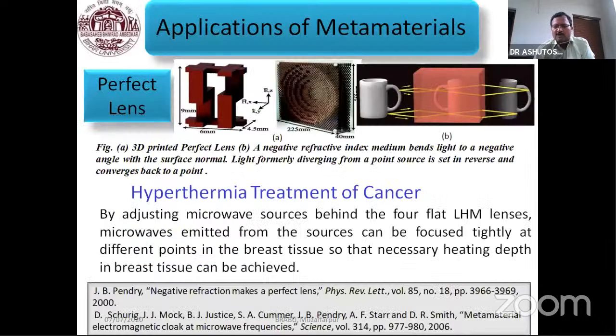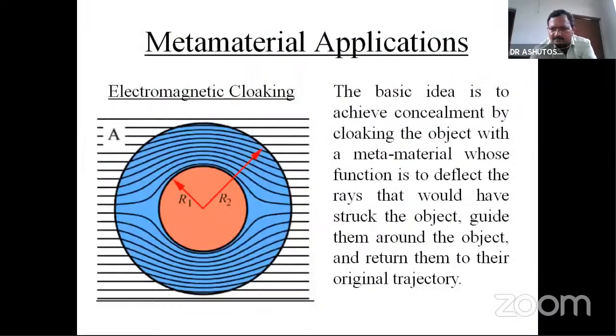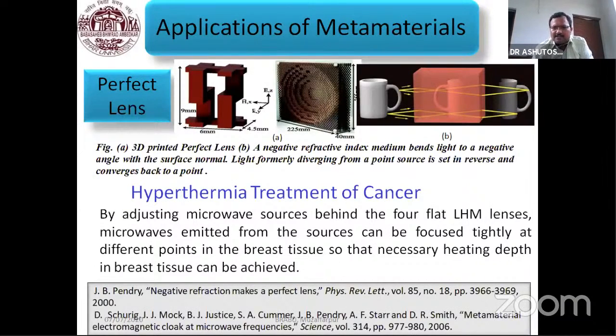By using metamaterials, we can create the perfect lens, which acts beyond the diffraction limit, and we can obtain the exact image of the structures. If a convex lens is converging rays, this will act as the negative, diverging, and vice versa.